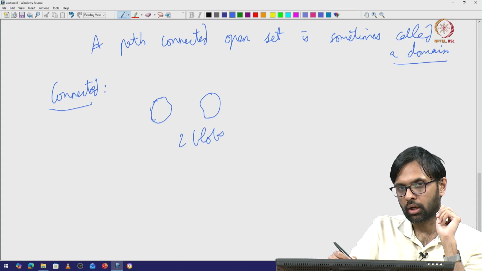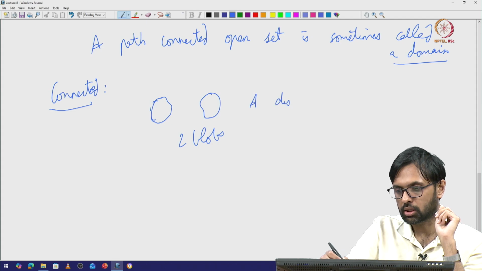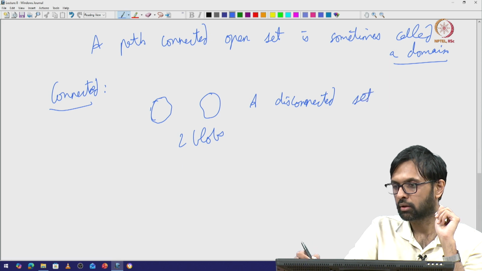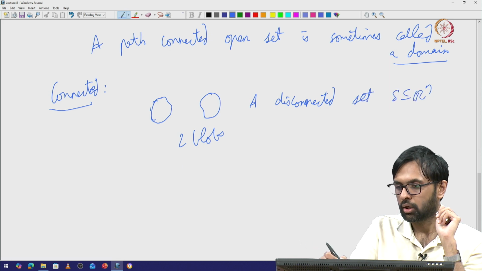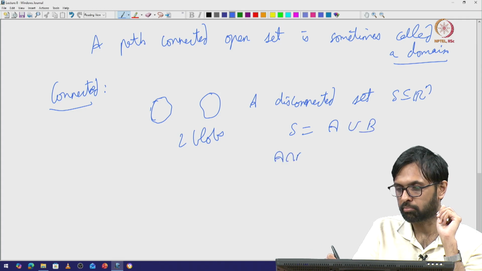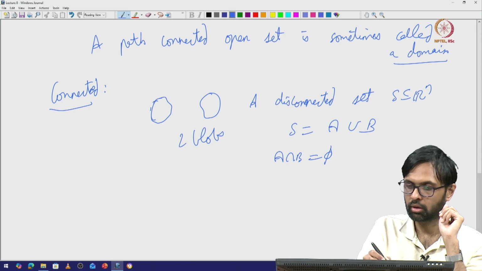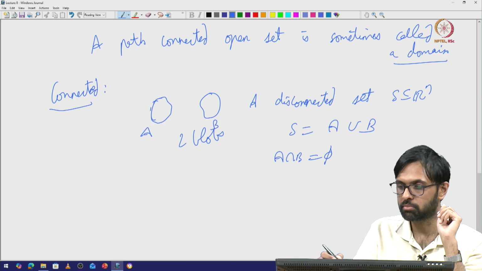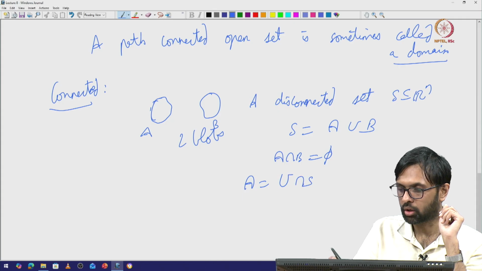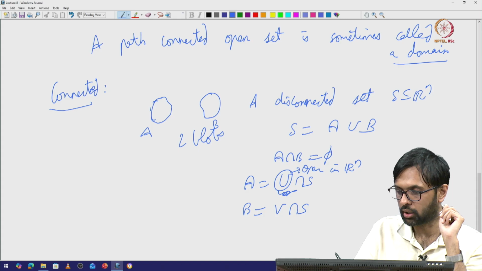So a disconnected set S in R^n is a union of two sets A and B, and A intersect B is empty, right? This is A and this is B, they are two blobs, and A is the intersection of S with an open set, open in R^n. B is the intersection of S with another open set.